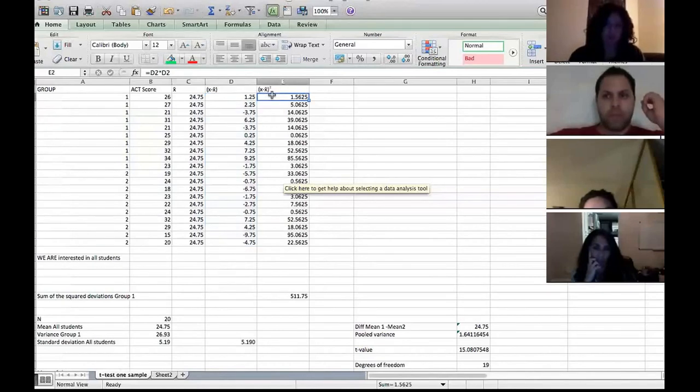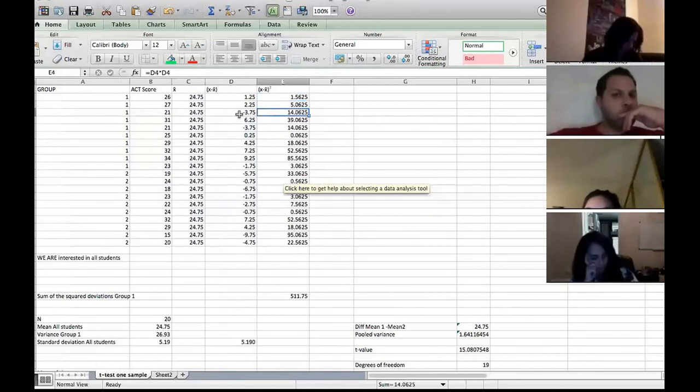Then in this last column here, we square this difference, right? That way we get rid of the negative values. You see minus 3.75 becomes 14.06. And also by squaring it, we do punish bigger differences from the mean.